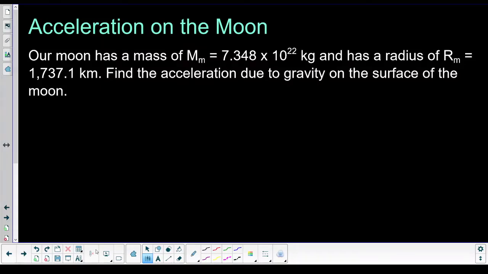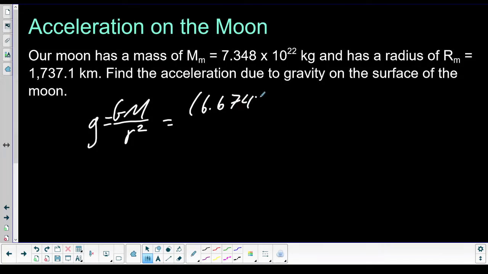So let's try this one. Our moon has a mass of this. It has a radius of this. So let's use our formula. g equals GM over R squared. So this is going to be 6.6743 times 10 to the negative 11th, times the mass of our moon, 7.348 times 10 to the 22nd.